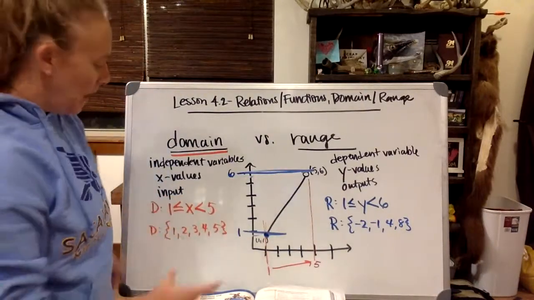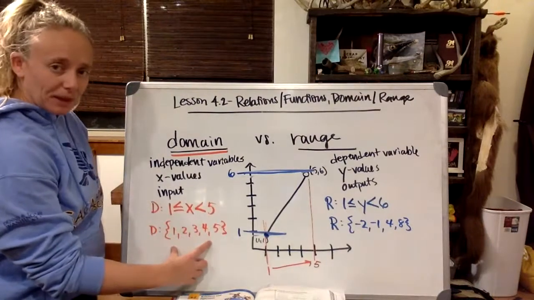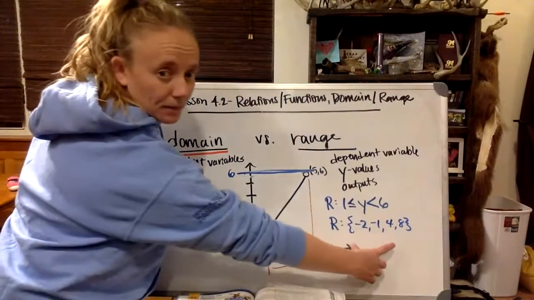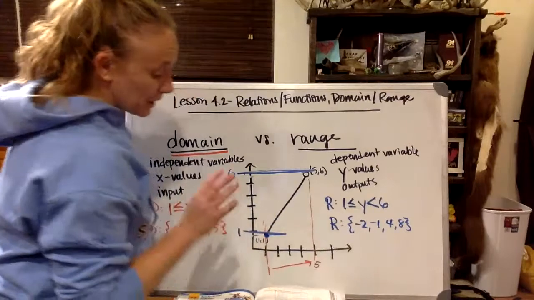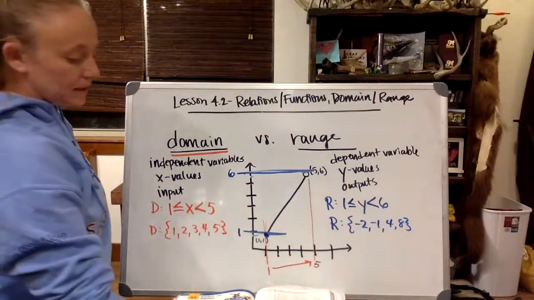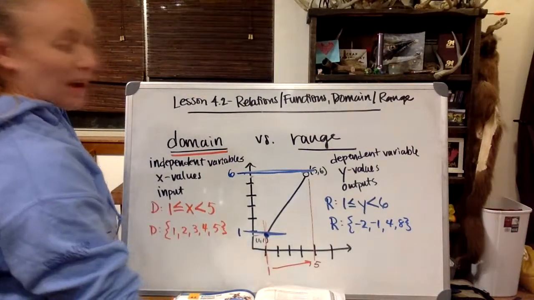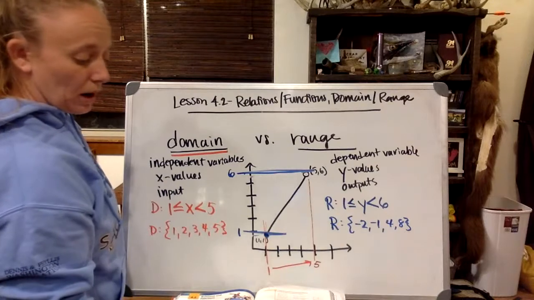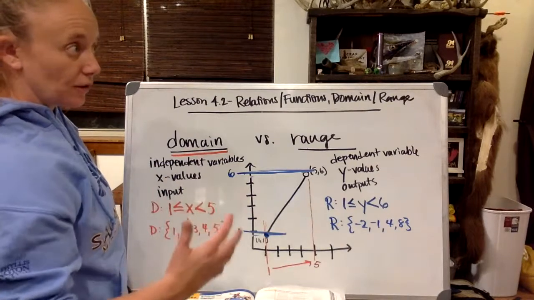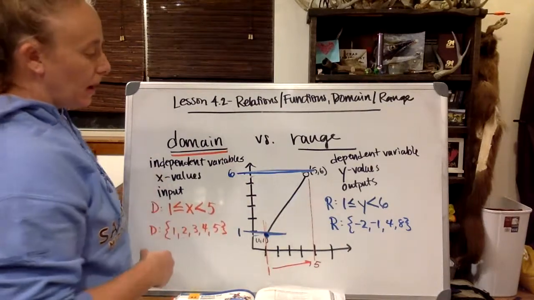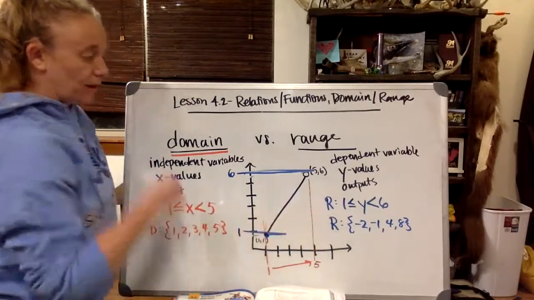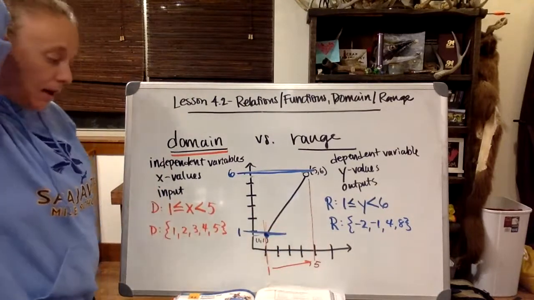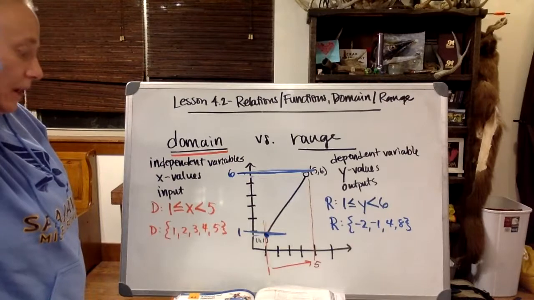Now understand, the number of domain values I have does not need to be exactly the same as the range values, and that's okay. That will help us determine whether we have a relation versus an actual function, if our domain and range values are different from each other. It all kind of helps us figure that out.